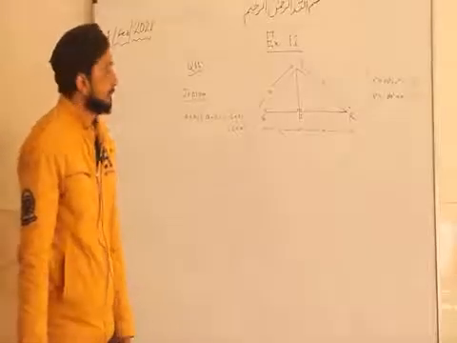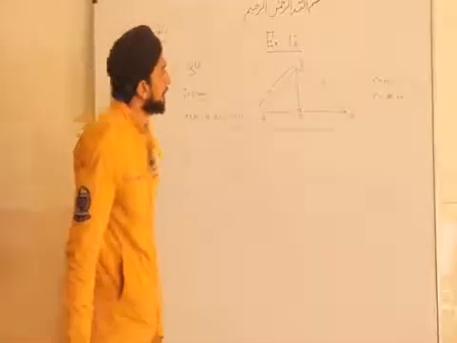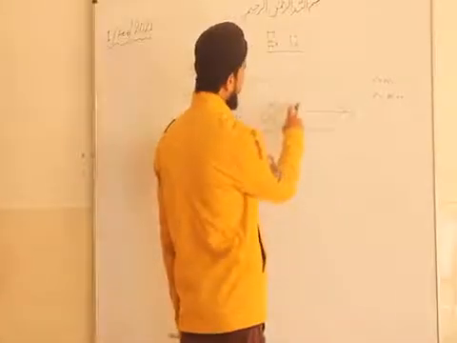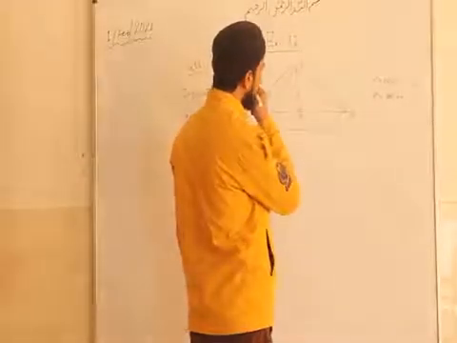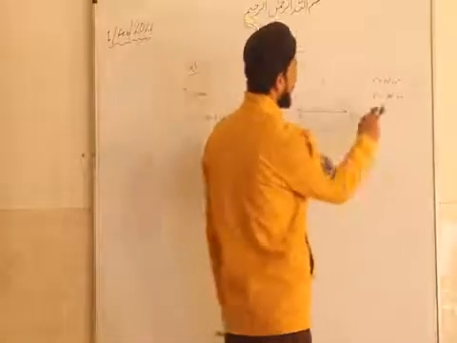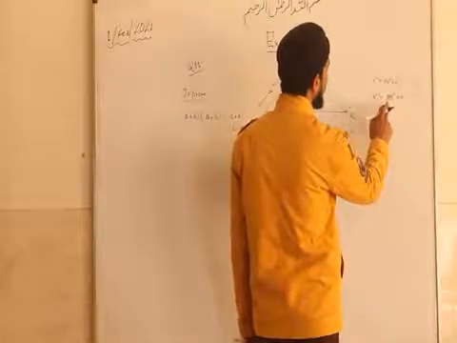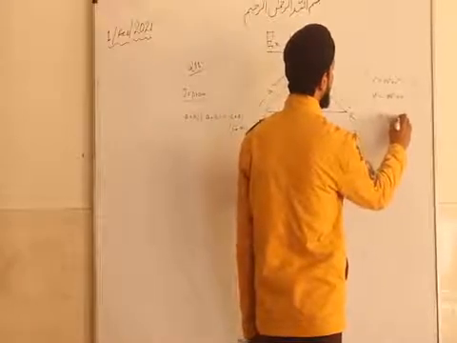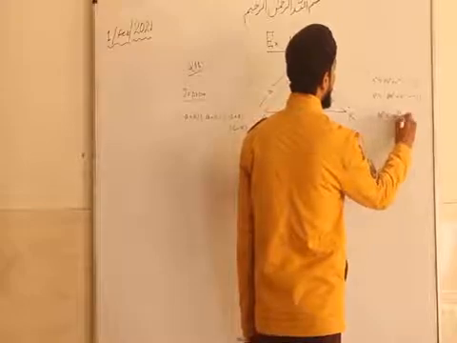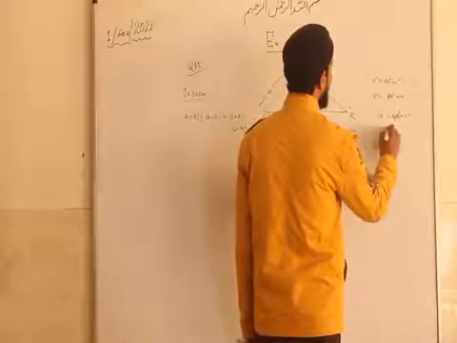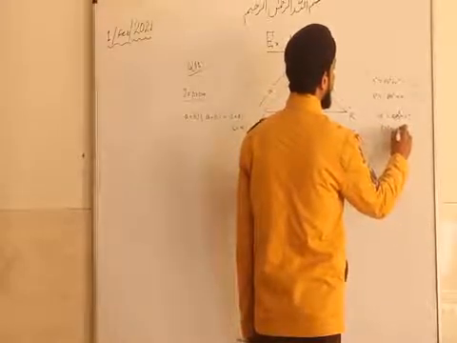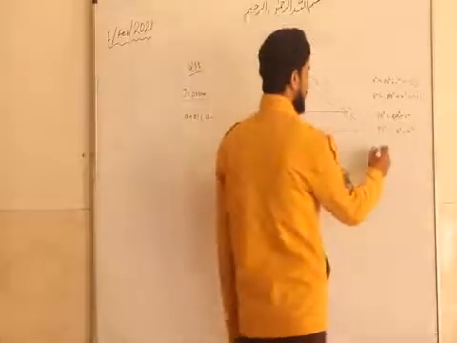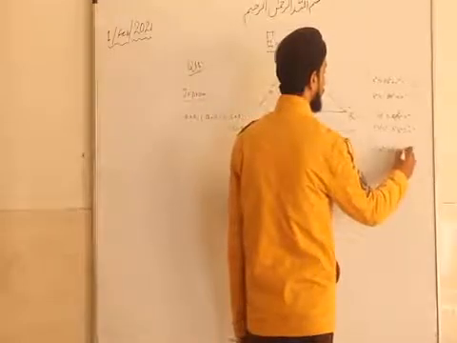Then PD square equals A square minus C square, and here also PD square equals B square minus D square. We can compare that. So it will be A square minus C square equals B square minus D square.